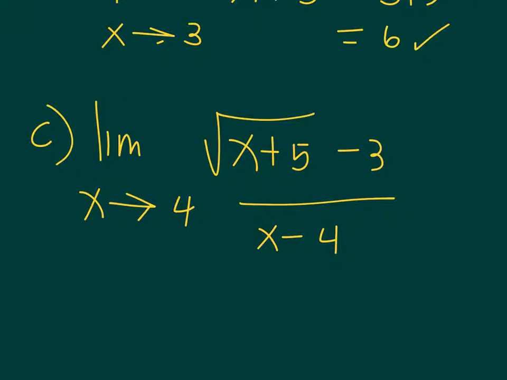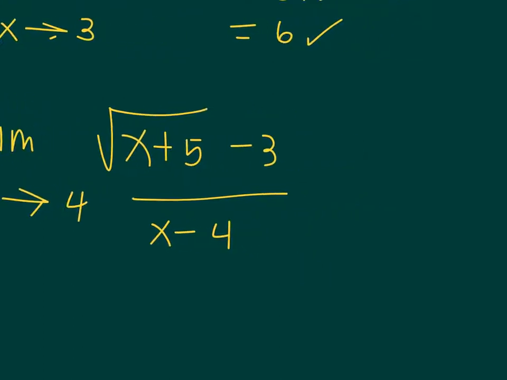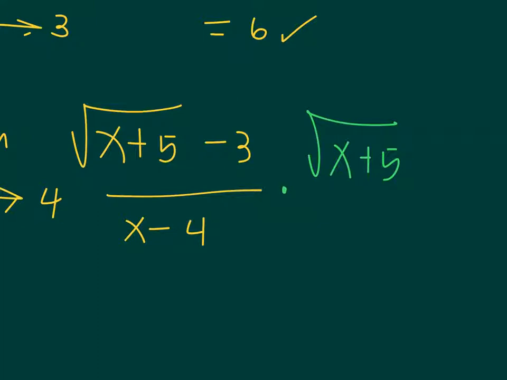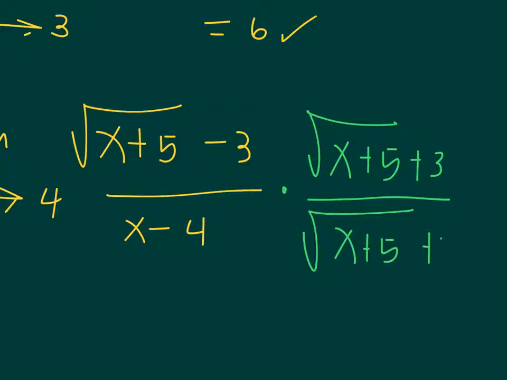Very good. Okay, so we multiply by the conjugate. And what is the conjugate? Square root of x plus 5 plus 3. Okay, so the opposite sign, plus 3. And then same expression, square root of x plus 5 and then plus 3.